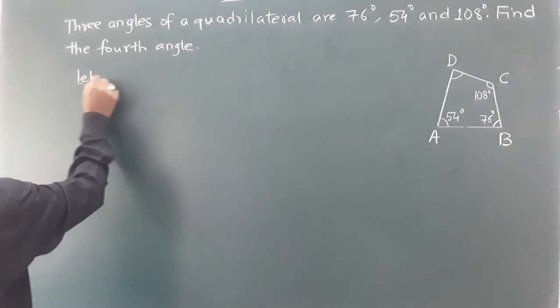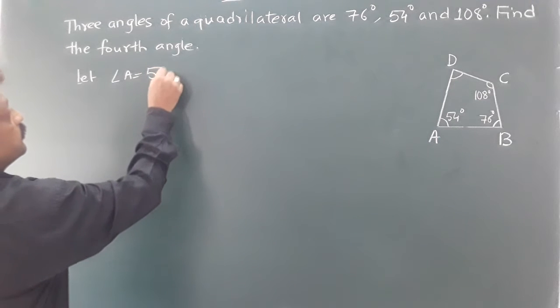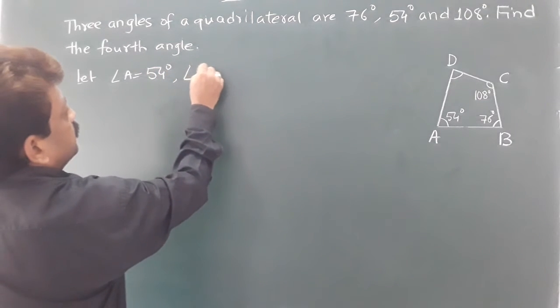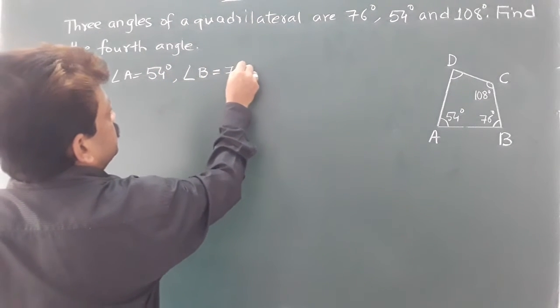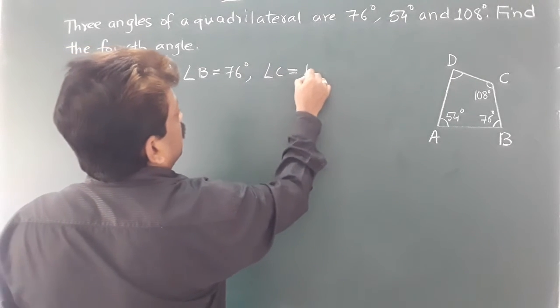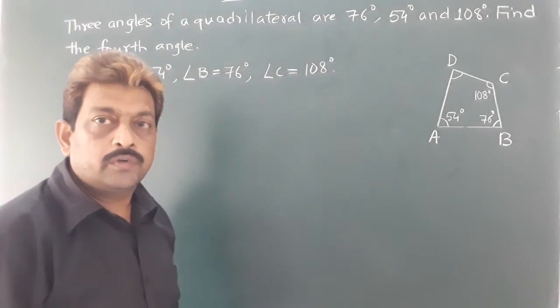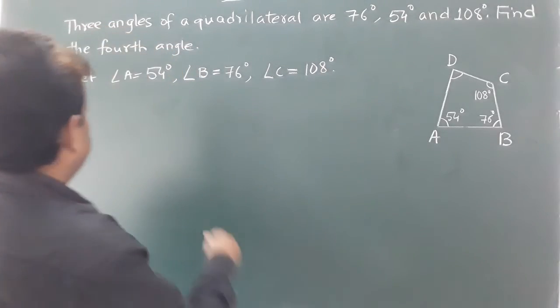Let angle A equals to 54 degree, angle B equals to 76 degrees, angle C equals to 108 degrees. We don't know D, let us find.